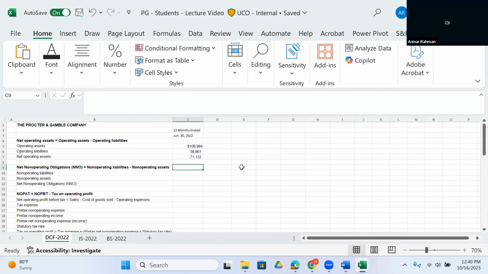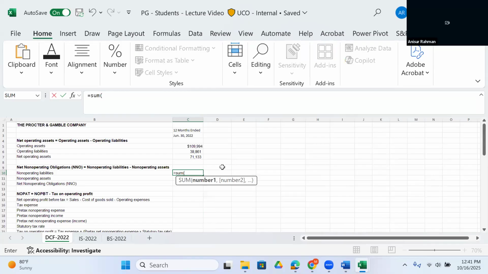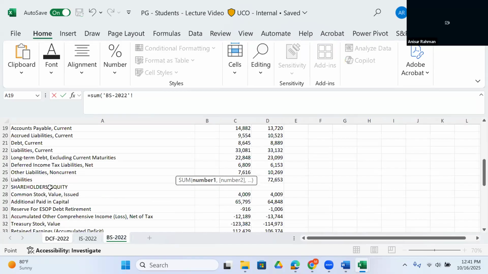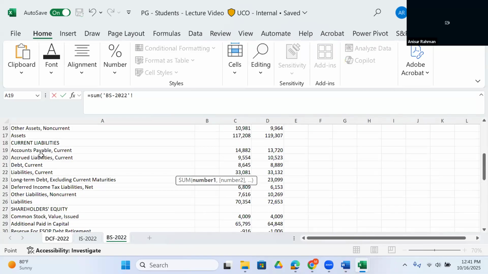Next, our net non-operating obligations, which are non-operating liabilities minus non-operating assets. For non-operating liabilities, again, you can go to the textbook to identify those. Equal sum, balance sheet, non-operating liabilities. So our liabilities start here. This is our first non-operating. This is the subtotal, I'll ignore this one.